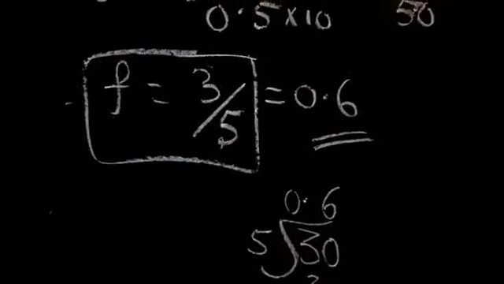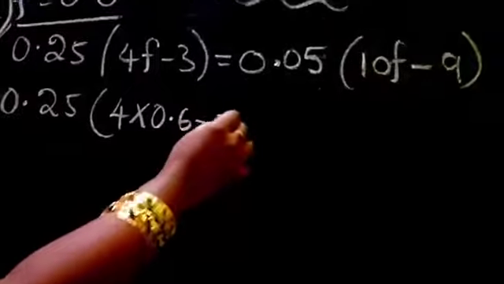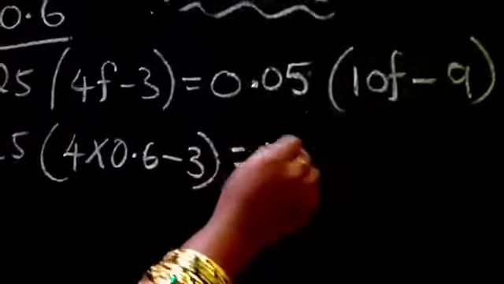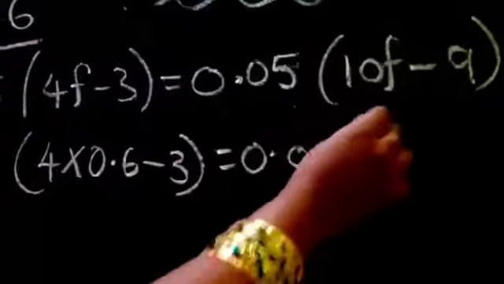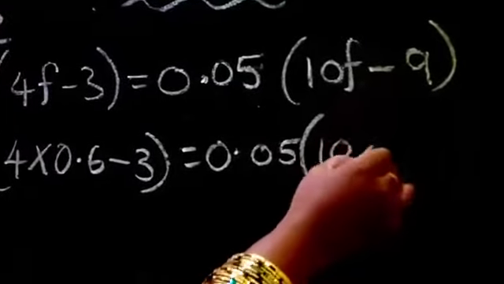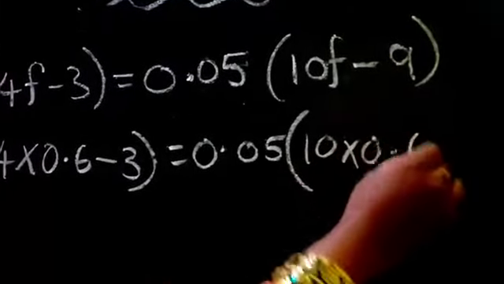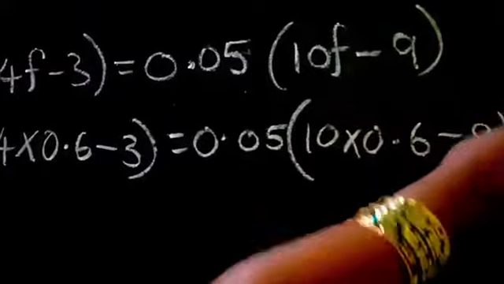We should apply it in this place and here. 0.25 into 4 into 0.6 minus 3 equal to 0.05 into 10 into 0.6 minus 9.